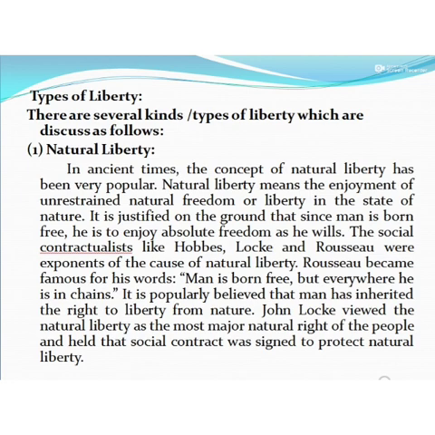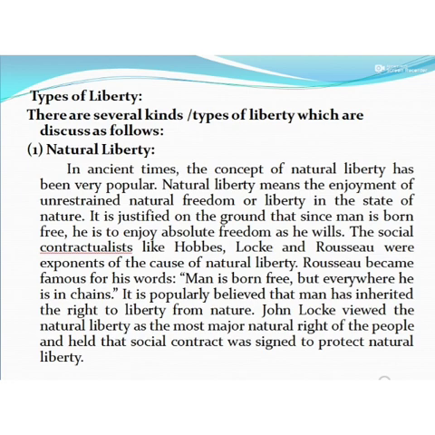Natural liberty means the enjoyment of unrestrained natural freedom or liberty in the state of nature. It is justified on the ground that since man is born free, he is to enjoy absolute freedom as he wills. The social contractualists like Hobbes, Locke, and Rousseau were exponents of the cause of natural liberty.